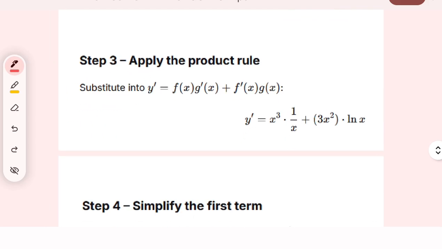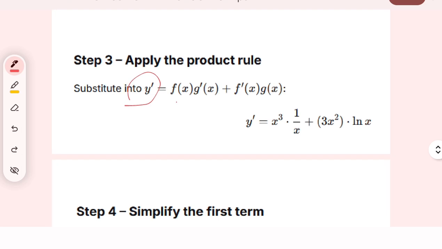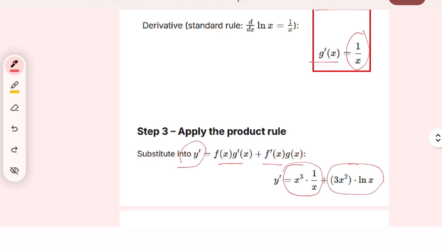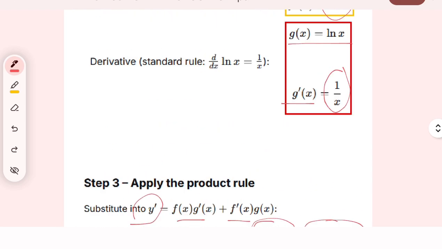So the derivative would now be equal to the following. Here is the derivative of the second function, 1 over x, and the derivative of the first function, 3x squared.